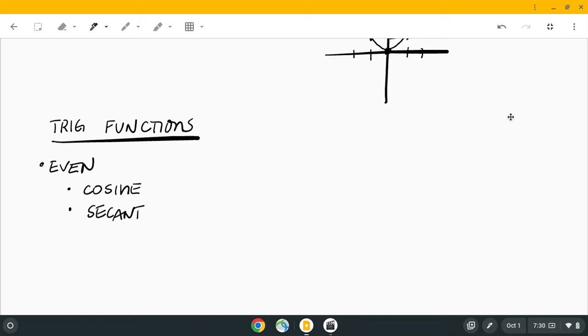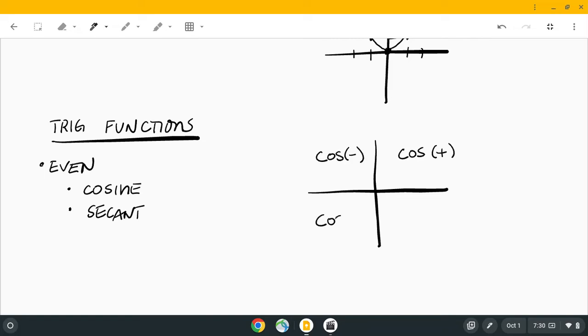That makes sense because remember the signs in each quadrant for cosine: cosine is positive here, negative here, negative here, and then positive here. Whether I'm talking about positive 30 degrees, cosine of positive 30 degrees is square root 3 over 2.